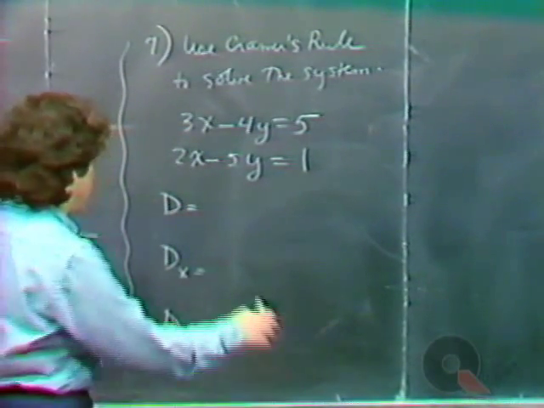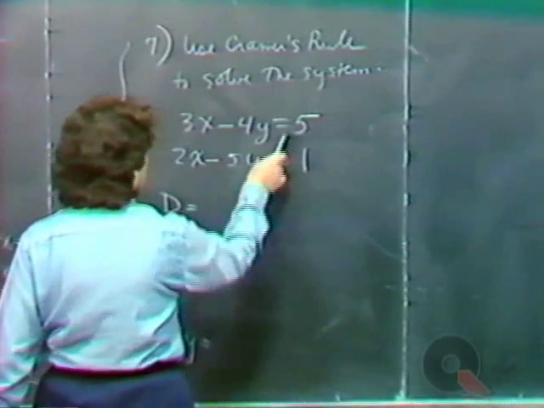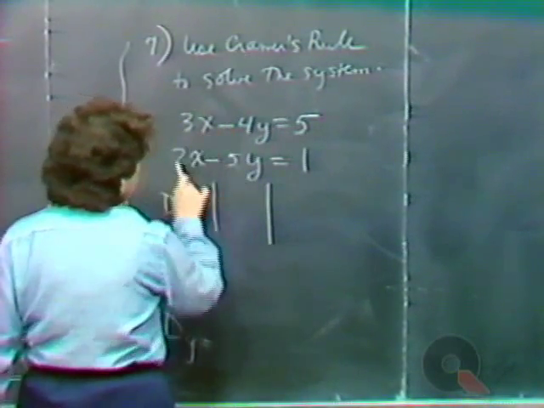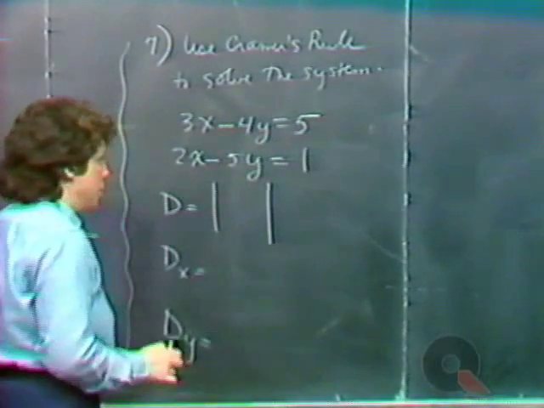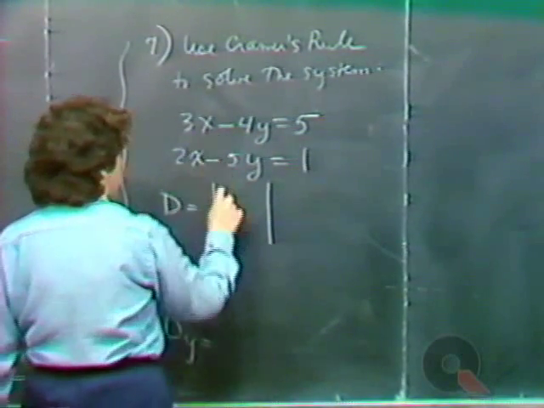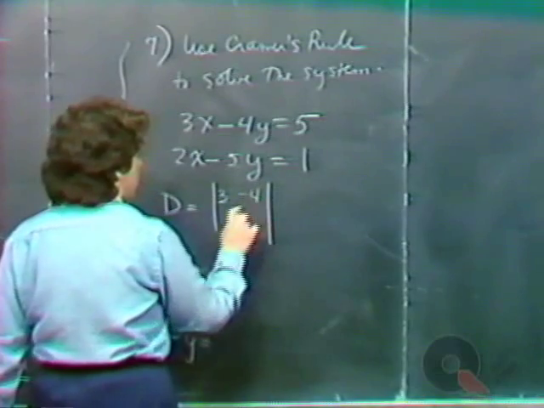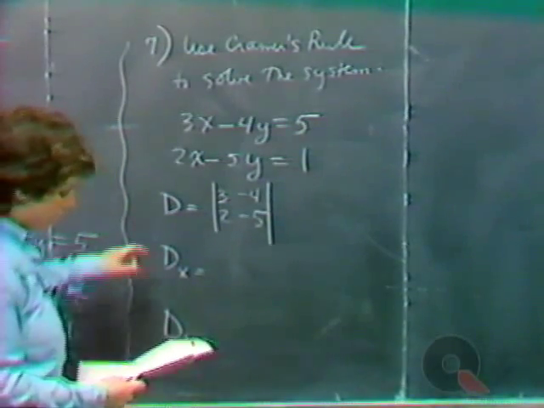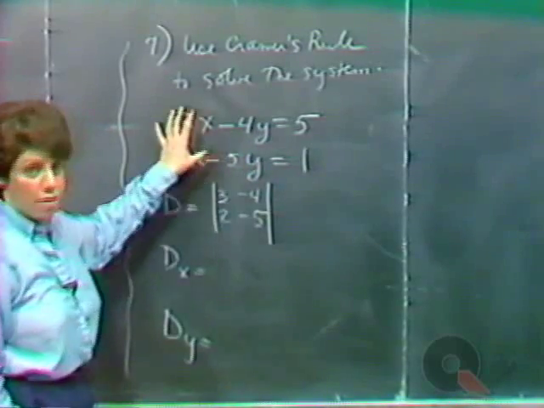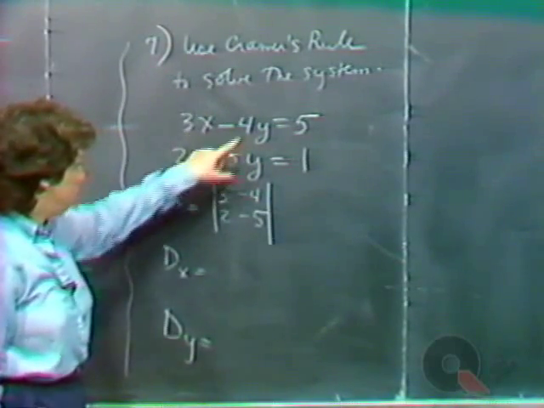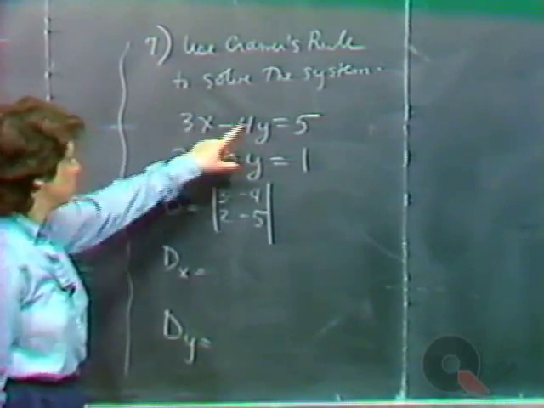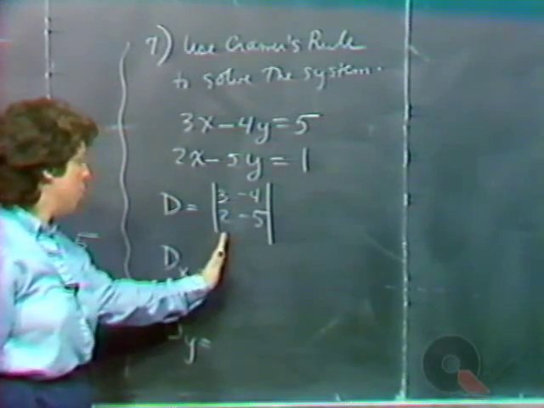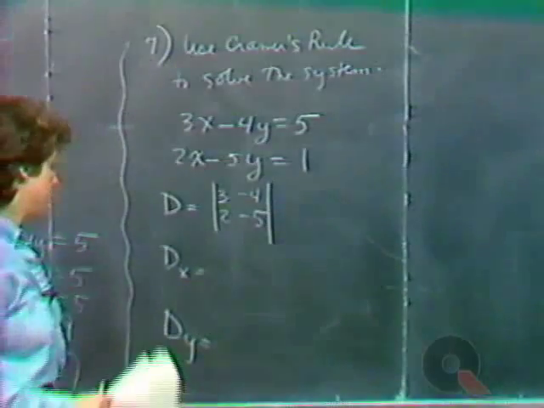D would be the determinant formed by detaching the coefficients from the left sides of the equations. 3 minus 4, 2 minus 5. Ignore the variables x and y, just write down the coefficients. The x variables coefficients, the y variables coefficients.